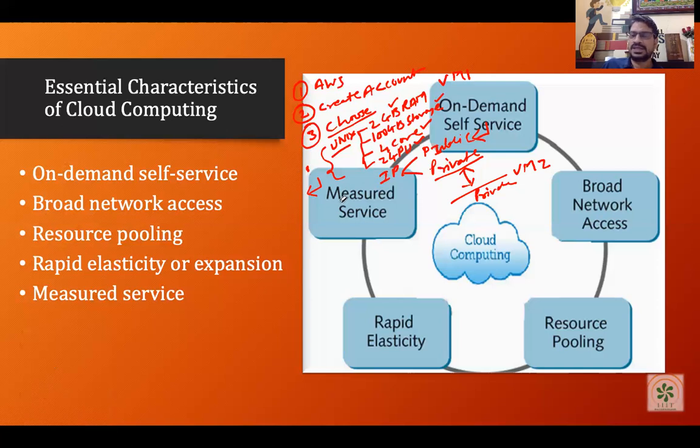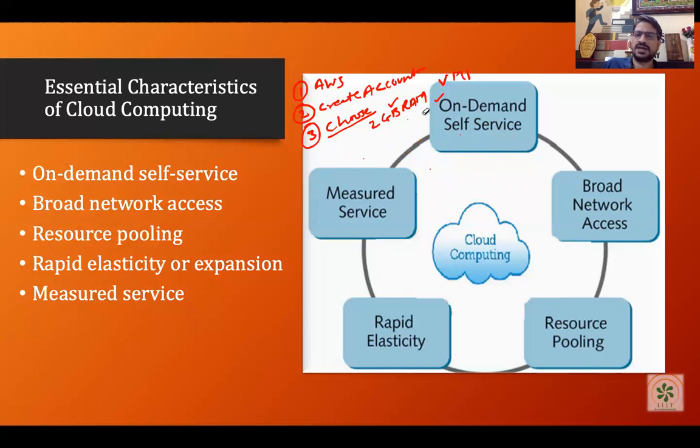Meaning on demand, my machine should be created easily, my service should be ready easily, and my resources could be scaled up or scaled down based on my requirement, and it will be a self-service type of thing.